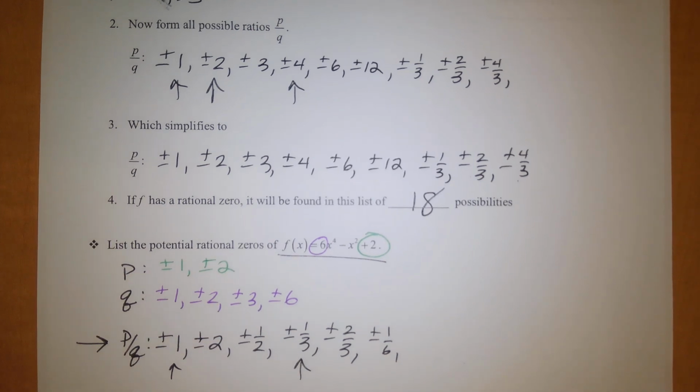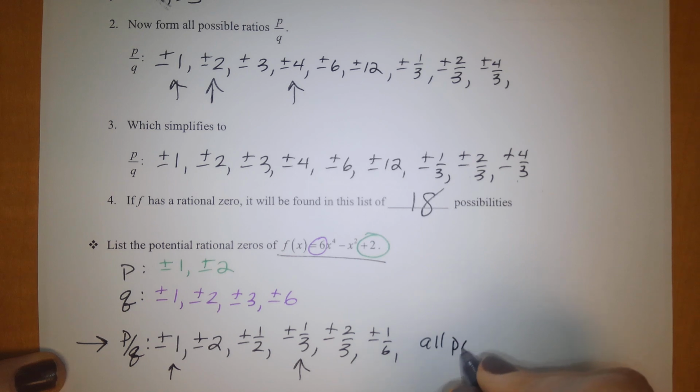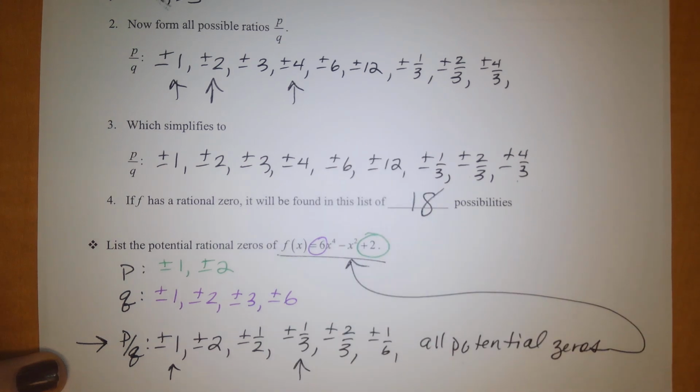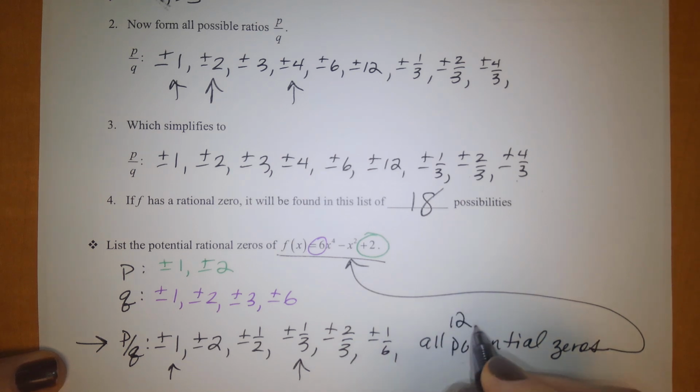So these are all the potential zeros of this polynomial. There are 1, 2, 3, 4, 5, 6 times 2, so there are 12 potential zeros.